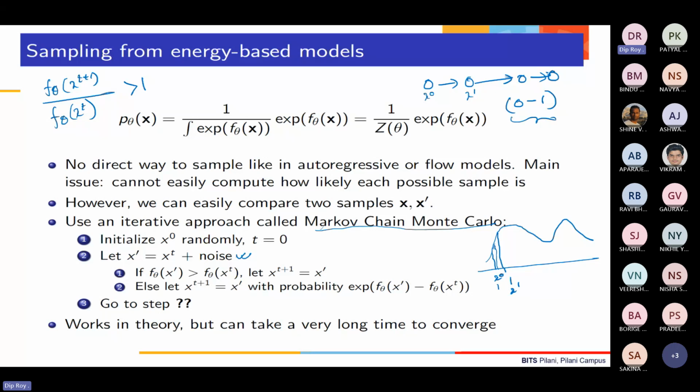If that random number is less than this ratio, then we basically keep the same state. If it is more than the ratio, then we basically move to the next state.